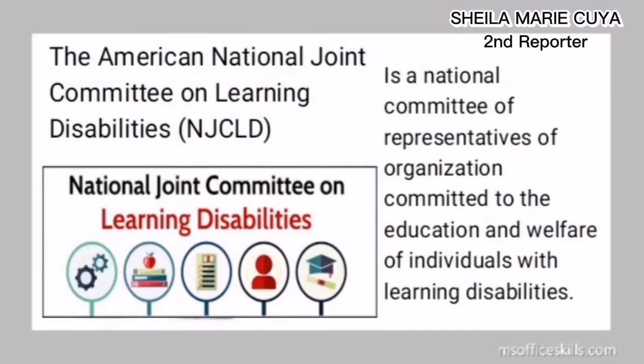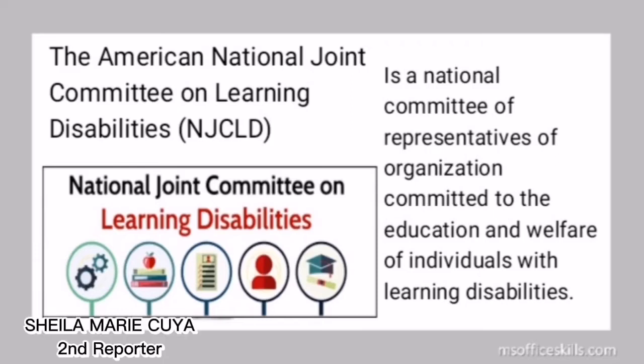Now let us move on to the viewpoint of the American National Joint Committee on Learning Disabilities, or NJCLD. It is a national committee of representatives of organizations committed to the education and welfare of individuals with learning disabilities. This group studies the present status of identification procedures, interprofessional relationships and management of children with learning disabilities, and other issues of mutual concern.